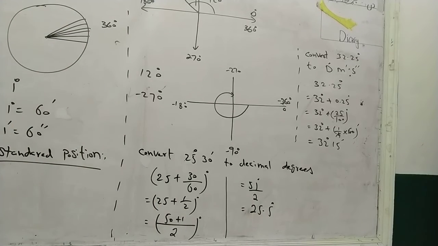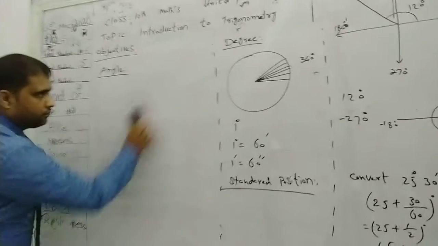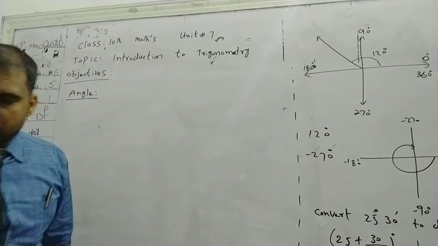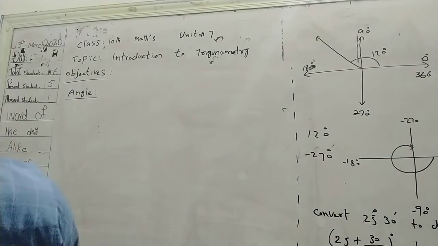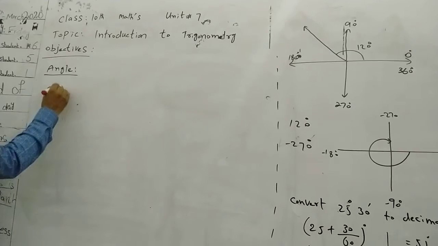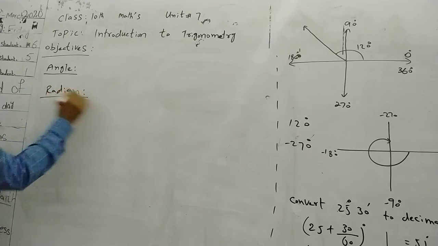Now students, another system is the circular system. The circular system is about the radian. What is a radian?